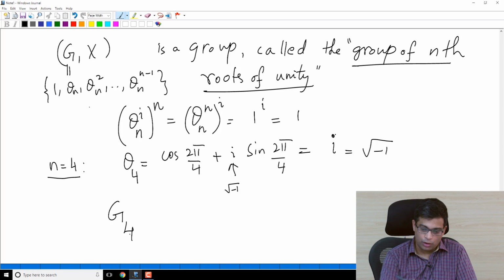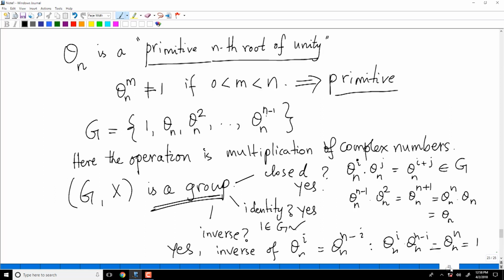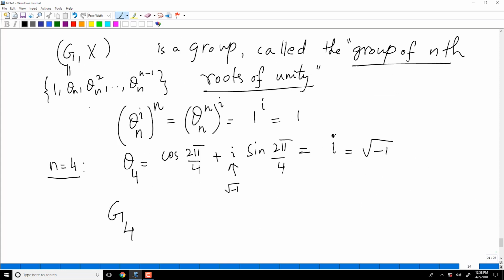I should really call these groups G n, so G 4 is 1, theta 4, which is i, theta 4 squared, which is i squared, that is minus 1, and theta 4 cubed, which is minus i, and that is all.